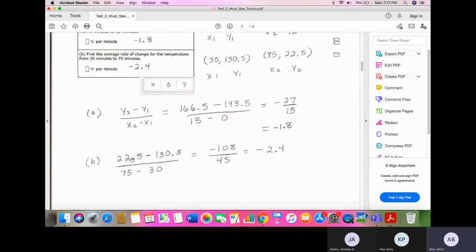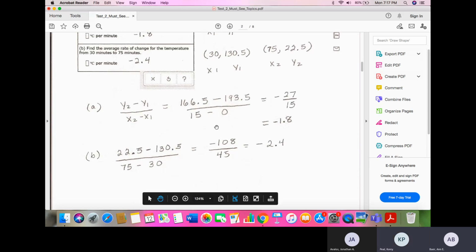So for part B, Y2 is 22.5, plug it in, minus Y1, which is 130.5, plug it in, divided by X2, which is 75, go ahead, plug it in, minus X1, which is 30, plug it in. And then just do the calculation and end up with negative 2.4. So that's good. I'm glad. And if you have any questions, please don't hesitate to ask. I don't want some little thing to hold you back.